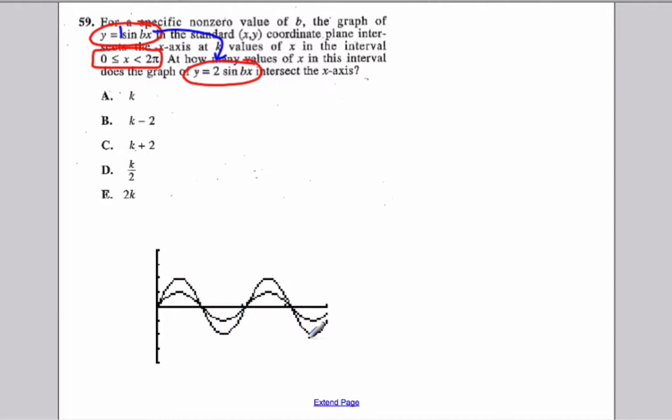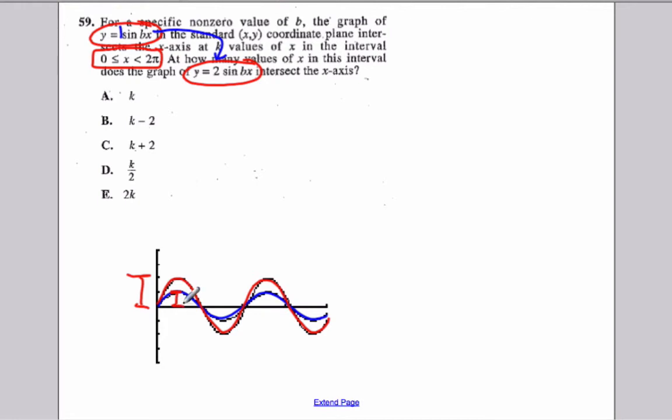All we're interested in is how many times it goes through and hits the x-axis, and that doesn't change. The only thing that changes: here's your original, y equals sine of 3x, and then the second equation is y equals 2 times the sine of 3x. All that does is double what we call the amplitude. The amplitude is from here to here, or from here to here for the first one. All it did was double the amplitude.